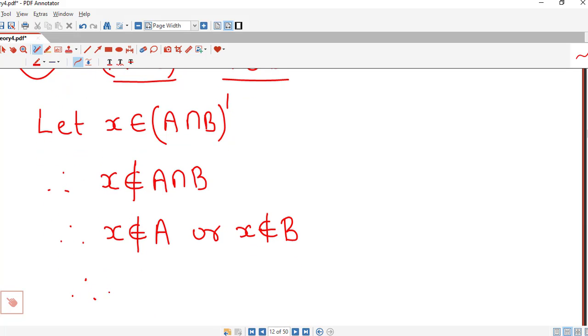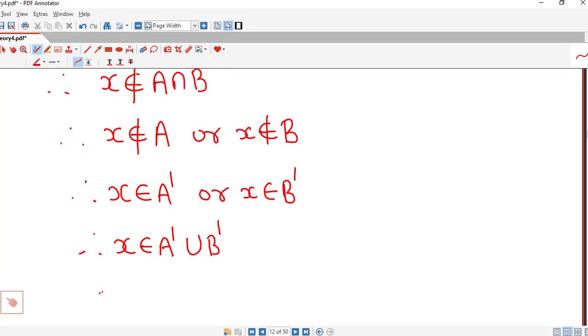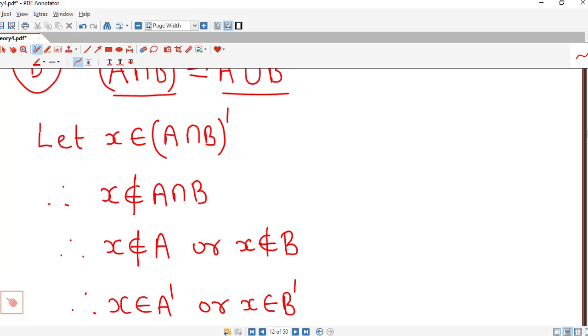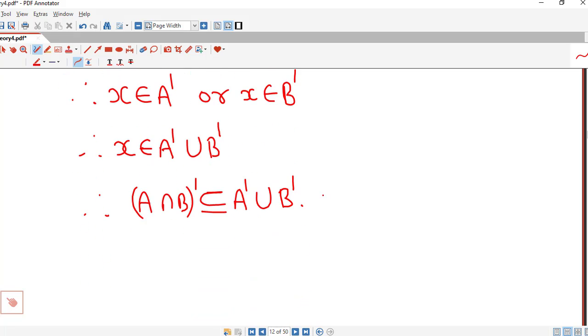So this implies X is in A dash or X is in B dash. Therefore X is in the union of A dash and B dash. Therefore we have shown that complement of A intersection B is a subset of A complement union B complement. Here also we can give this number 1.